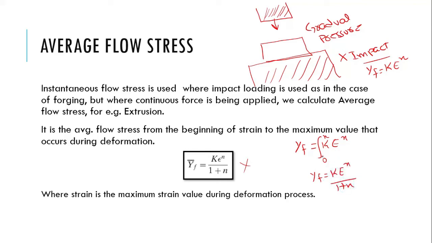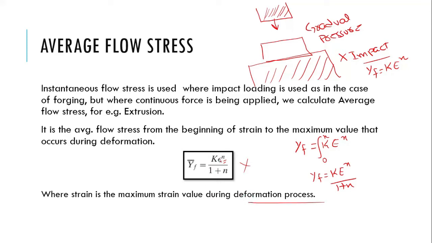This is simply an integral of this one. This is how we get the average flow stress, from the beginning of the strain to the maximum value that occurs during deformation.